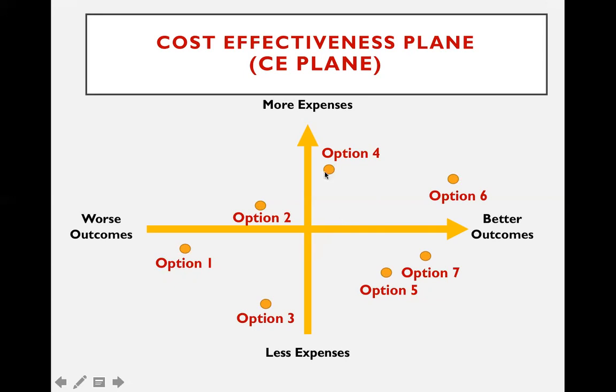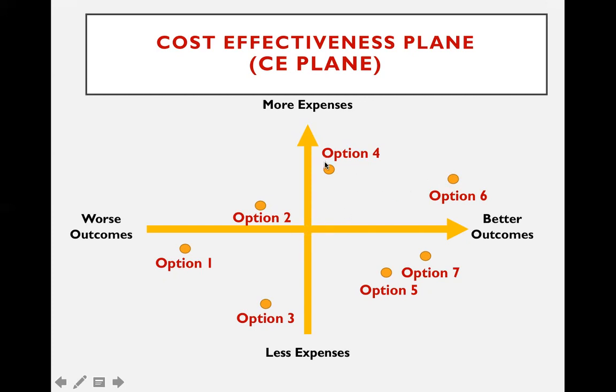Now, for option 4 and option 6, the answer is not quite so clear as of yet. For option 6, for example, it will yield a far better outcome than the comparator, but it is more expensive. So the question here now is, will you be willing to invest a lot more money in order to obtain that additional effect?